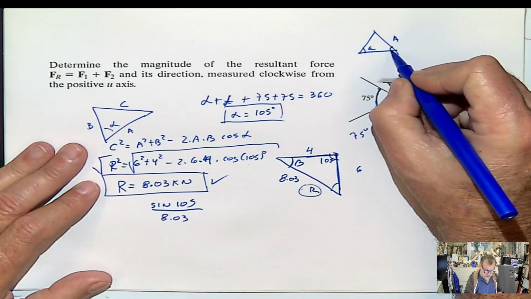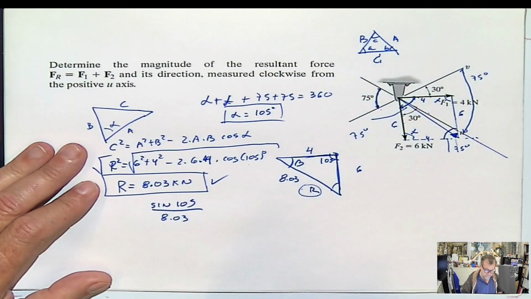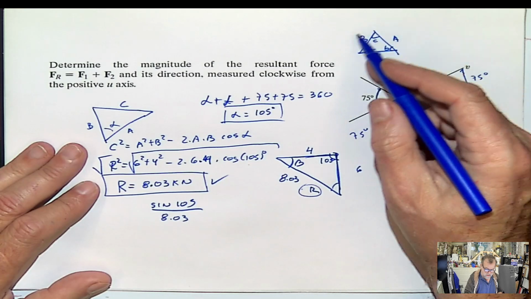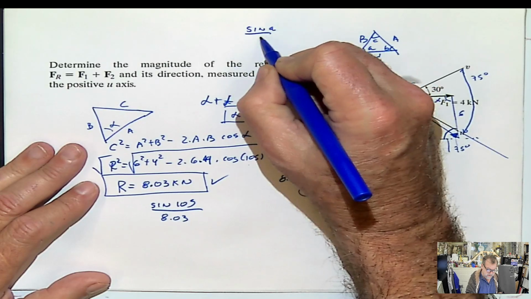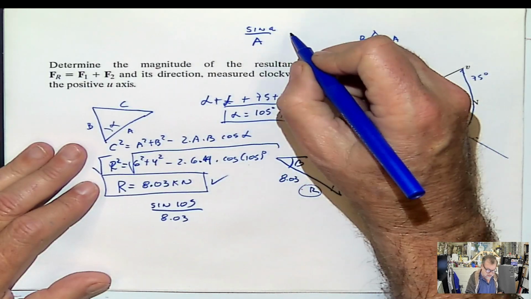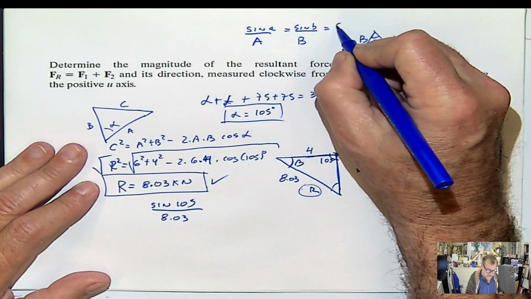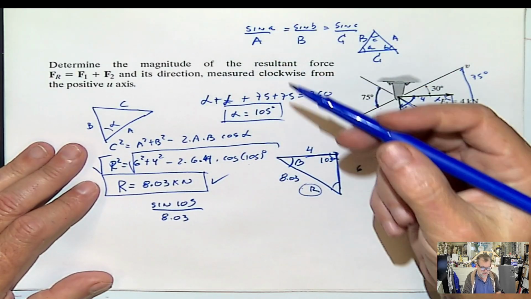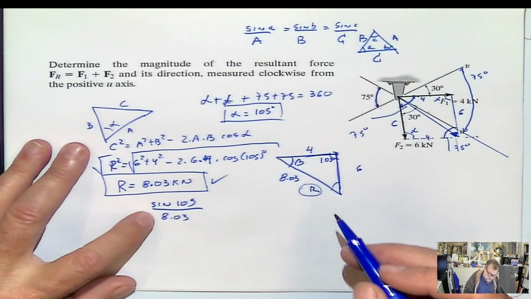A, A, B, B, C, C. Small are the angles, big are the sides. So the sine of A divided by the opposite side has to be equal to the sine of B, opposite side, sine of C, opposite side. Or you can flip it. You can say A divided by sine of A, and so on. So that's what I'm doing.